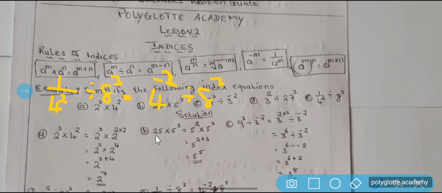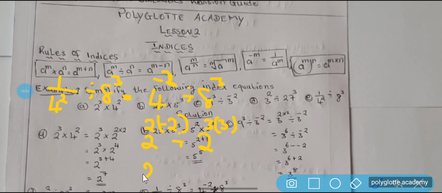So this will be analogous to, I put 4 in index form, which is 2 to the power 2 times the minus 2 that is originally there, divided by 8 in index form, which is 2 to the power 3 times the 3 that was originally there.